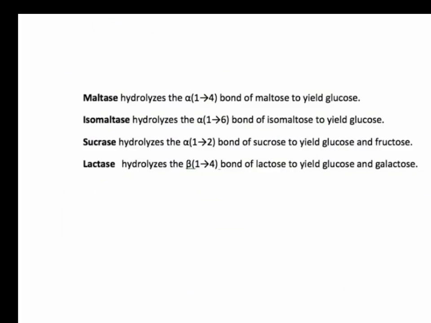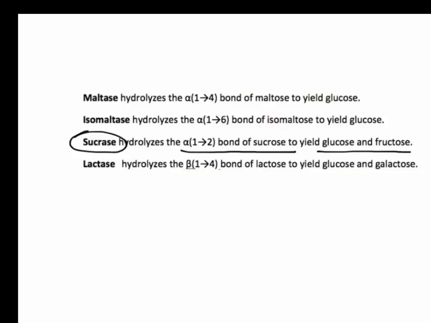In addition to starch, we have disaccharides in the diet that need to be digested since we can only absorb monosaccharides into the bloodstream. Sucrase is a component of the brush border membrane that will hydrolyze the 1,2 bond of sucrose to yield fructose and glucose.